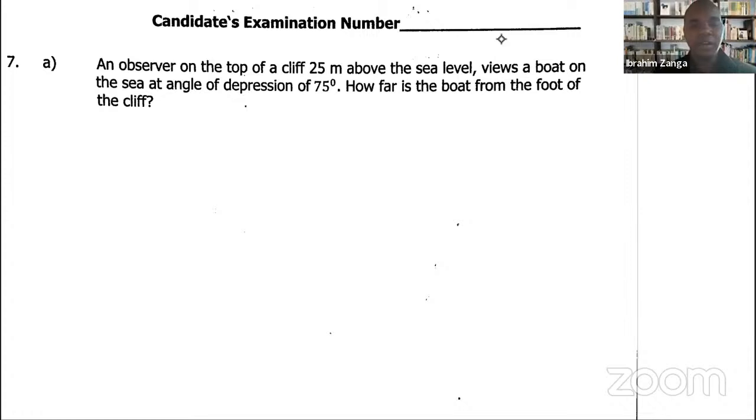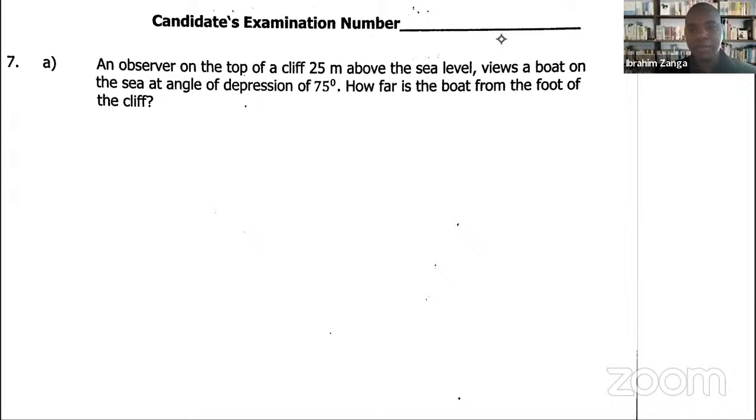An observer on the top of a cliff 25 meters above the sea level views a boat on the sea at angle of depression of 75 degrees.